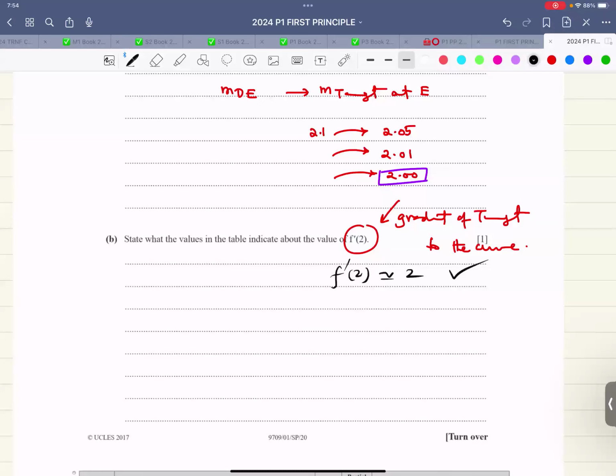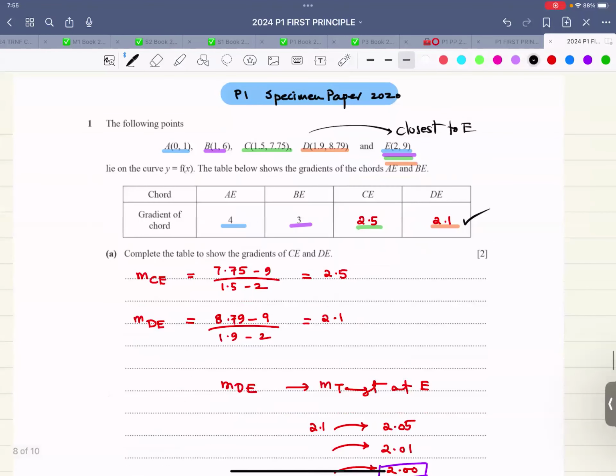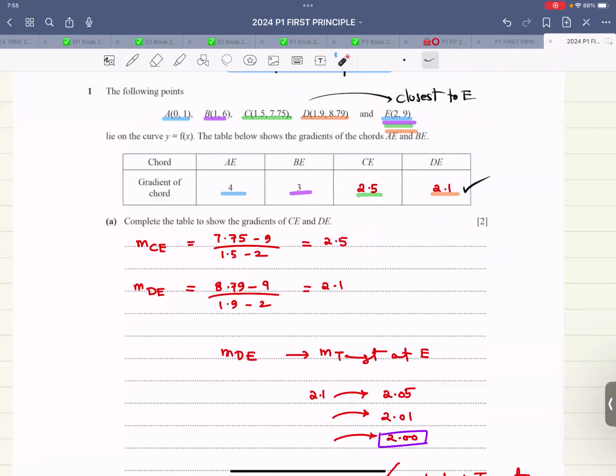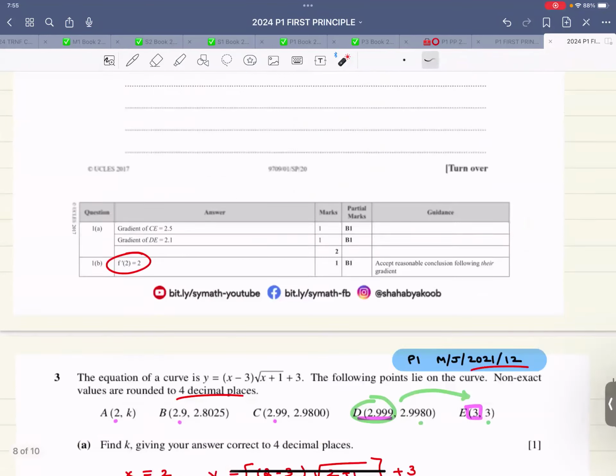And whatever is the function, if we would have applied the principle of differentiation, the gradient of tangent to the curve would come out to be 2. That is the concept of first principle, a very basic concept. The only new thing that you need to understand is that the points are very, very close. The closer the point is to the given point, the better will be the gradient.